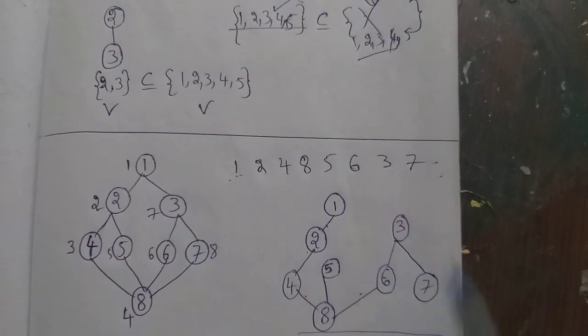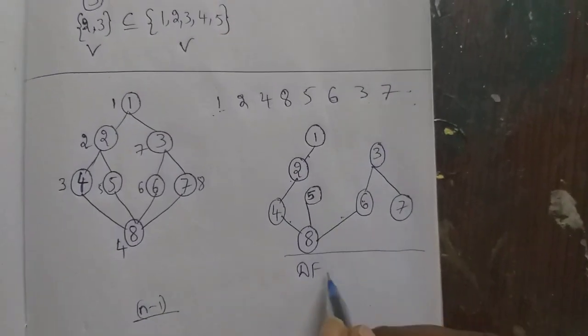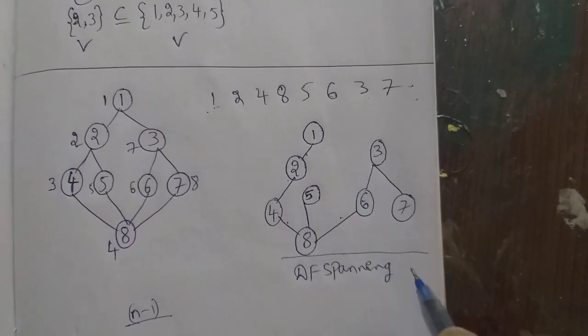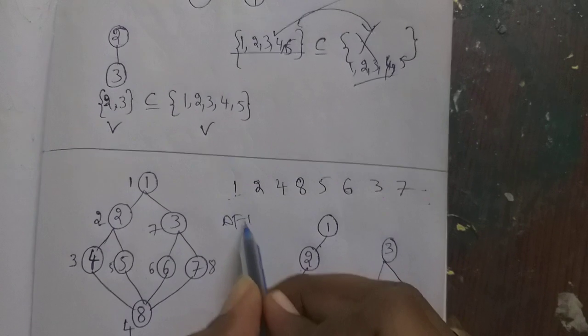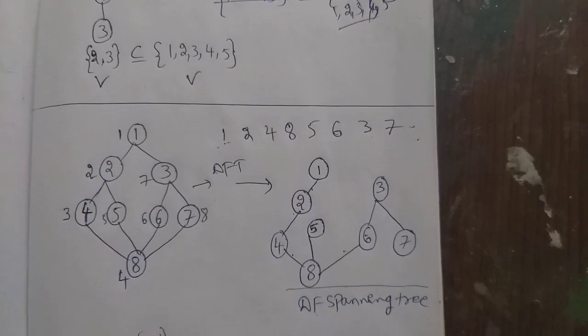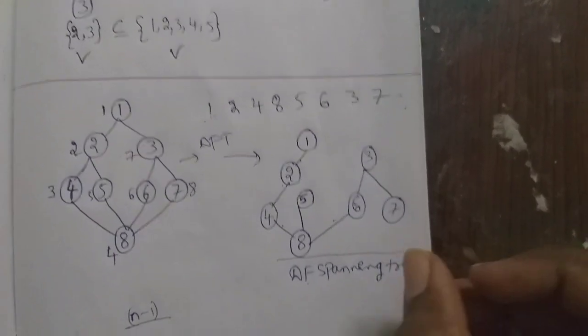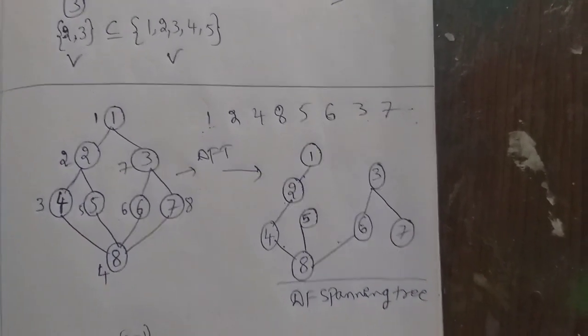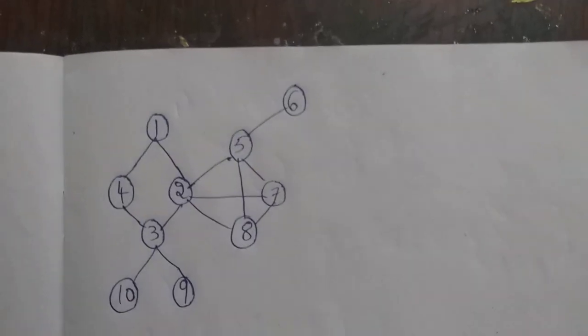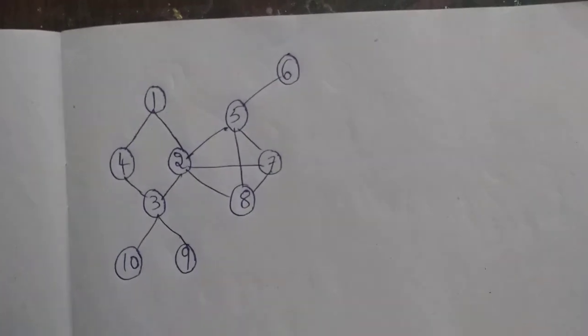This is called a depth first spanning tree. The tree obtained using the depth first traversal of the graph is called the depth first spanning tree. We'll use this depth first spanning tree to find the articulation points of any given graph. We'll see it now. Yes, we'll take the same example that we have seen previously.